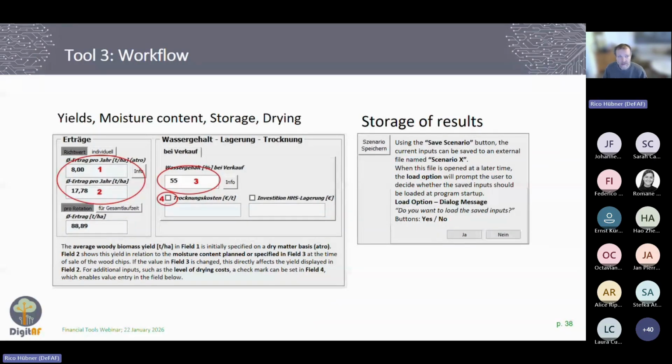All that can be stored in the Excel sheet as a scenario, so you can run different scenarios, and when you go back into the program, you can load the saved inputs into your scenario.